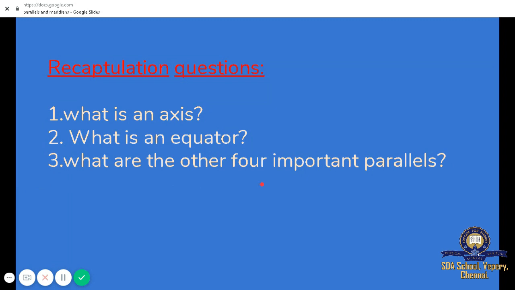What are the other 4 important parallel lines? They are the Tropic of Cancer, Tropic of Capricorn, Arctic Circle, and the Antarctic Circle. The Arctic and Antarctic circles are called polar circles.